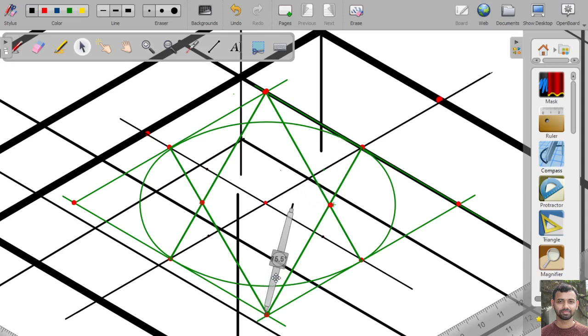Okay, so again we will take this one as radius. Similarly from this point.